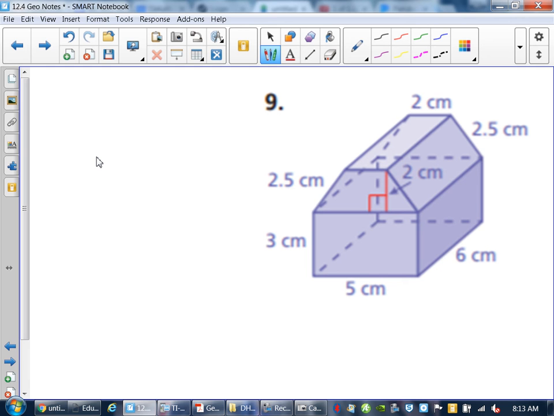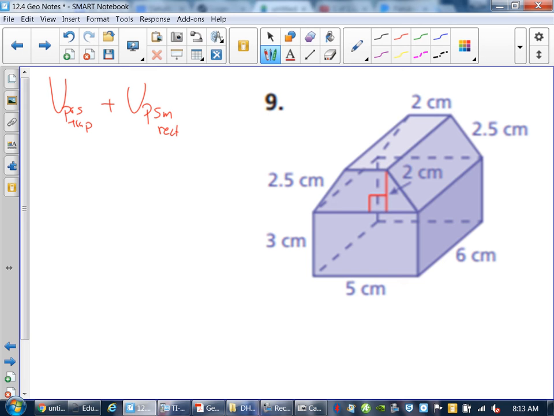So when you look at this, we have the volume of a prism that's a trapezoid plus the volume of a prism that is a rectangle.